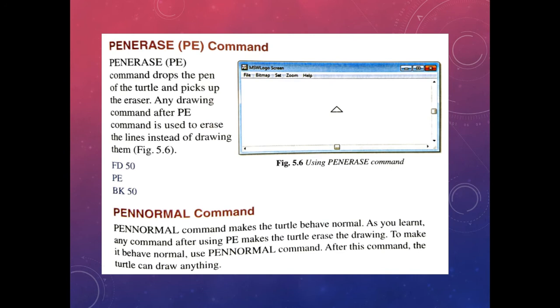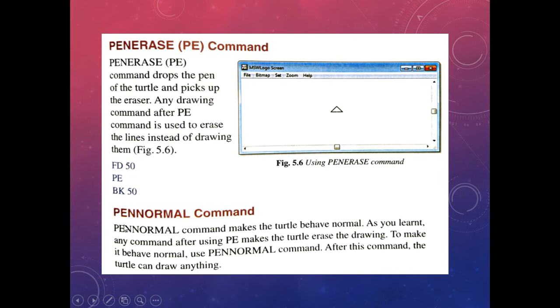Same way, when you use pen erase and you move the turtle, whichever line comes in the way of the turtle, it will erase it. So the pen erase, PE command, drops the pen of the turtle and picks up the eraser. Any drawing command after the PE command is used to erase the line instead of drawing it.